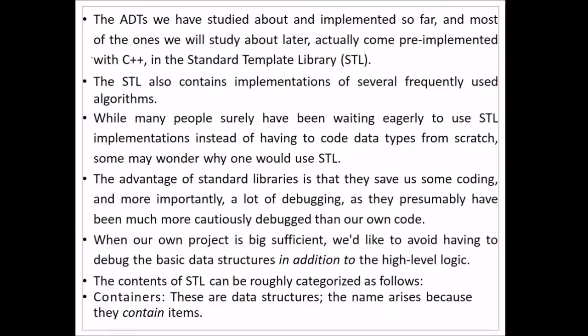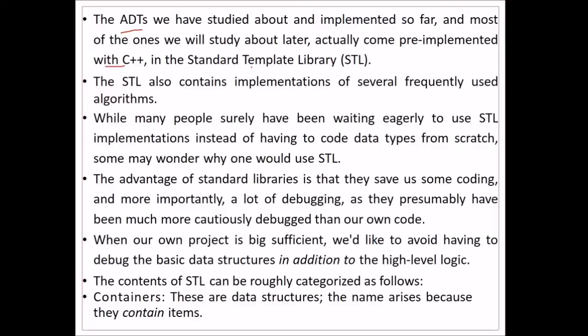So now let us talk about the C++ Standard Template Library, or we call it C++ STL. What is this? The abstract data types we have studied, we have actually implemented by ourselves, but there is a pre-implemented version.